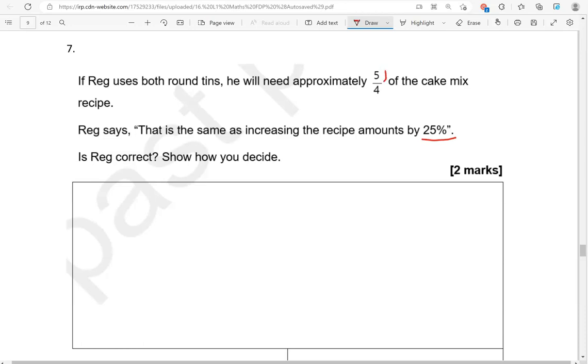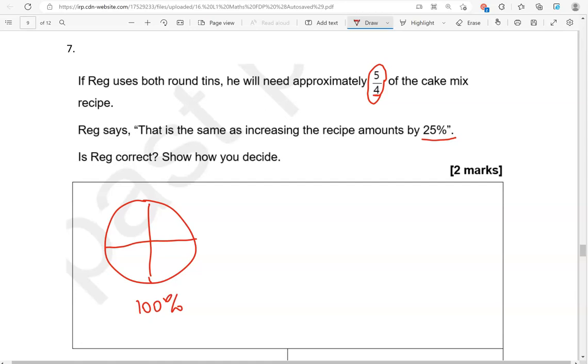So all we're doing is looking at 5/4 and showing that it means increasing the recipe amounts by 25%. 4/4 will be a whole thing, 100%.